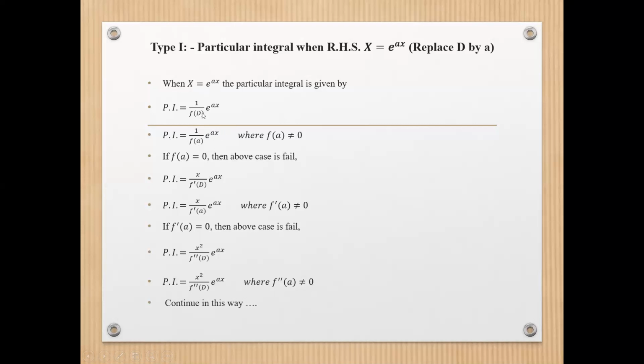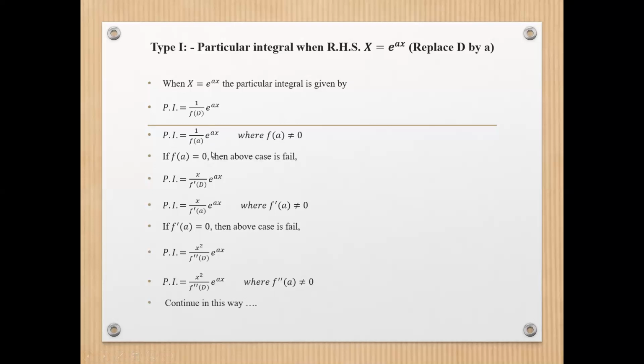f of D is what? f of D is a polynomial in D. So f of a is again a polynomial in a, because we are replacing D by a. So we get PI as 1 upon f of a into e raised to ax. But one thing is very important: the denominator must be not equal to 0.